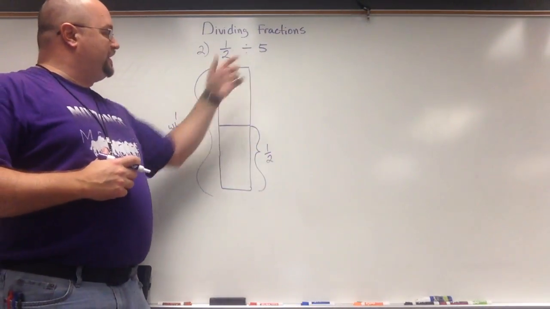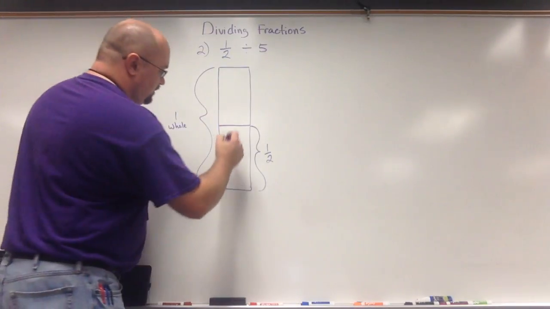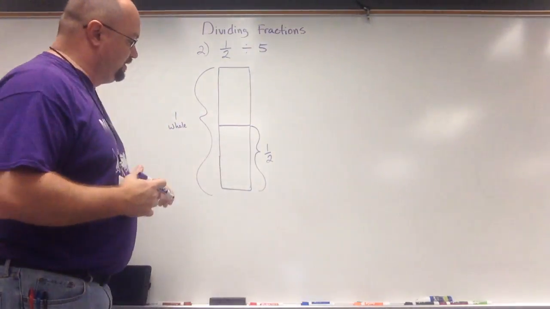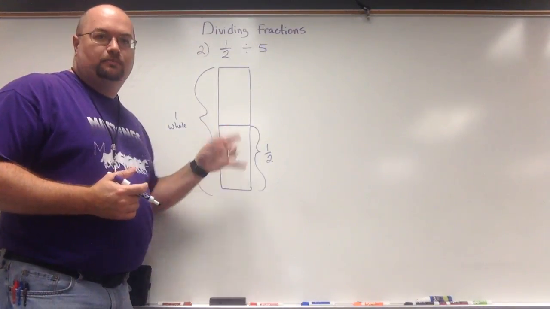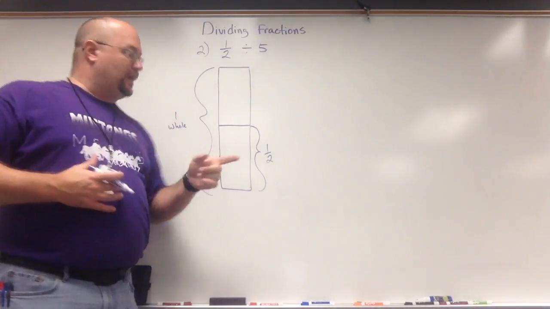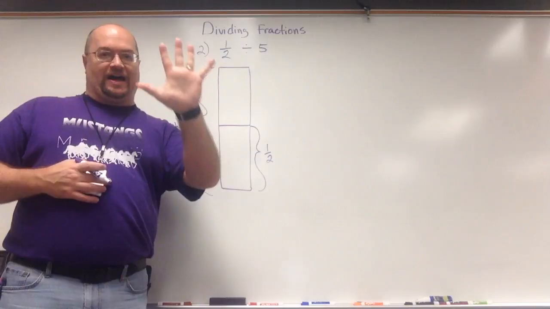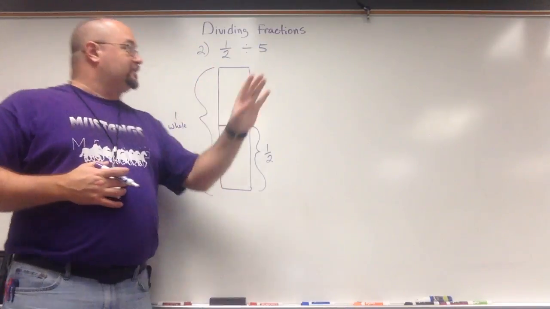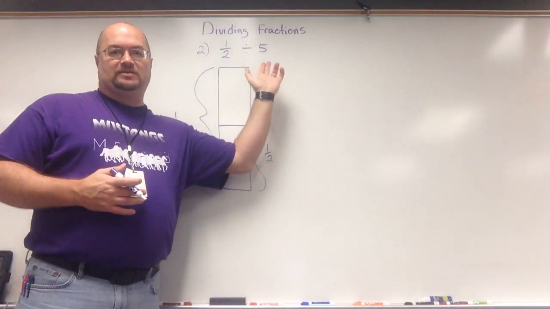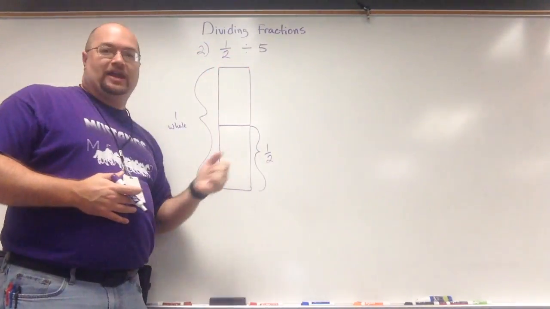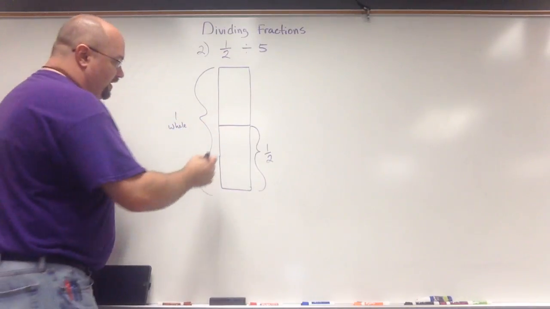Now what this problem is saying is I'm going to divide this 1/2 piece, and I don't really want to shade it in because I want you to be able to see the lines. But I'm going to divide this 1/2 piece by 5. So I'm going to separate this 1/2 piece into 5 pieces. All right, that's what this problem is telling me to do. I've got 1/2, and I'm going to divide it by 5. So I'm going to take this 1/2 and cut it into 5 pieces. Okay? So I'm just going to do that now with my picture.